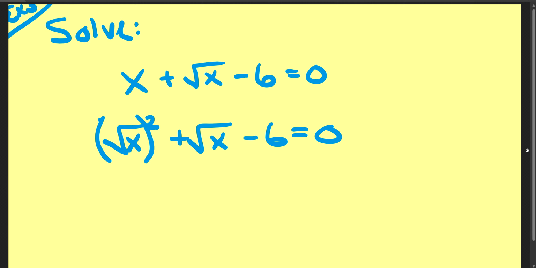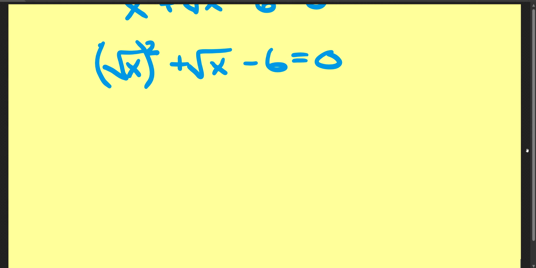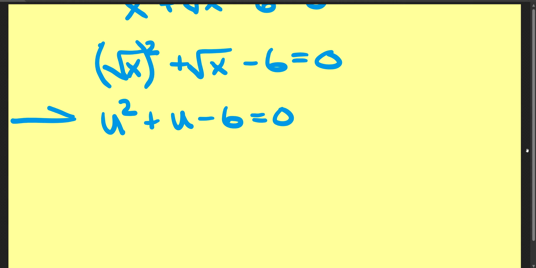If you didn't want to deal with that, then you could say that u equals the square root of x. And then I could rewrite this problem to be u squared plus u minus 6 equals 0, because u equals the square root of x. Okay, now I've got it in this familiar form, which is my intent in all these problems.